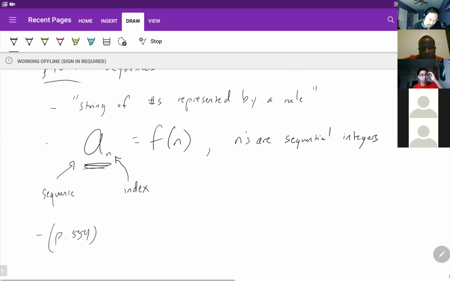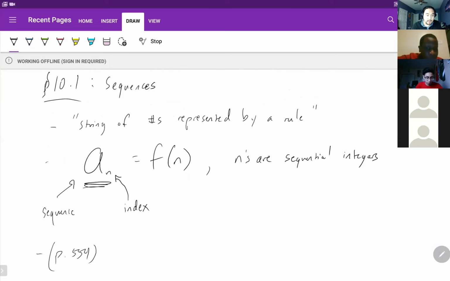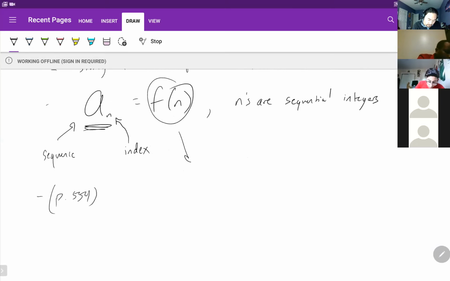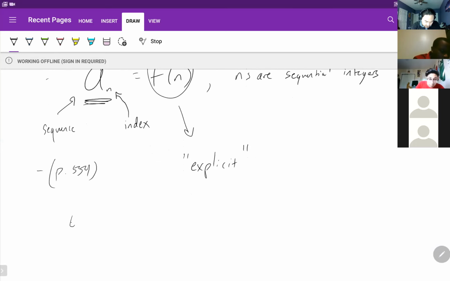Okay, so that's the basic idea of a sequence. And if it's defined like this, it's called explicit, because there's an explicit way for you to plug in an n value and it'll spit out that term. Like if I say a sub n is equal to 1 over n plus 1, I just made this up.